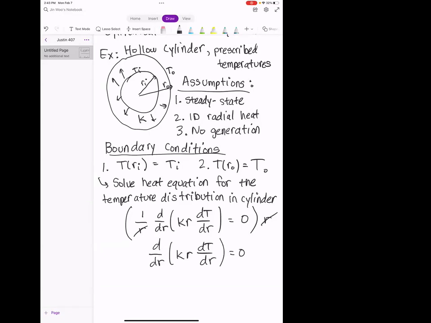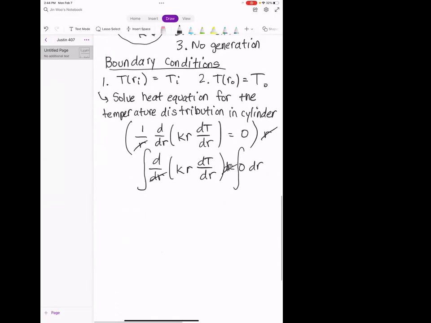Right. So now we're faced with the derivative here, d/dr, so we're going to take the integral of this. The integral of dr is going to cancel out, and on the left-hand side we're left with k r dT/dr equal to the integral of 0. That's normally 0, but in this case, since we have an indefinite integral, we add an arbitrary constant, so we have C1 over there.